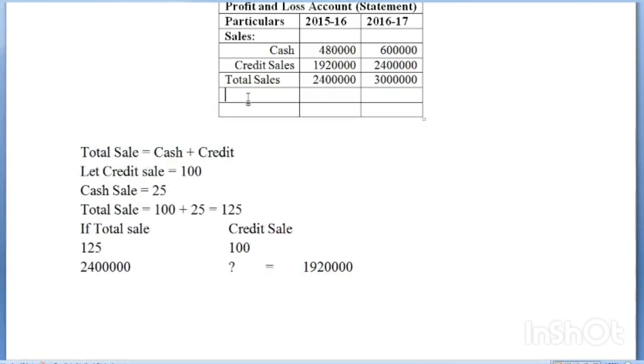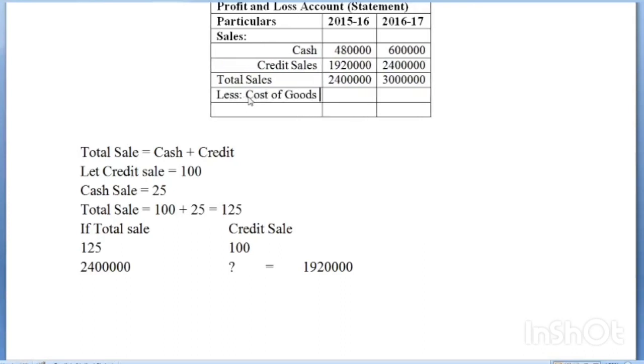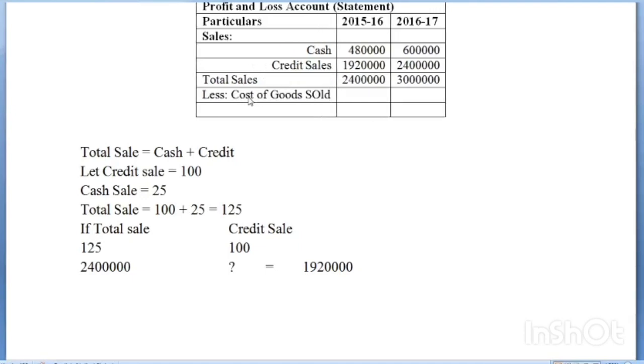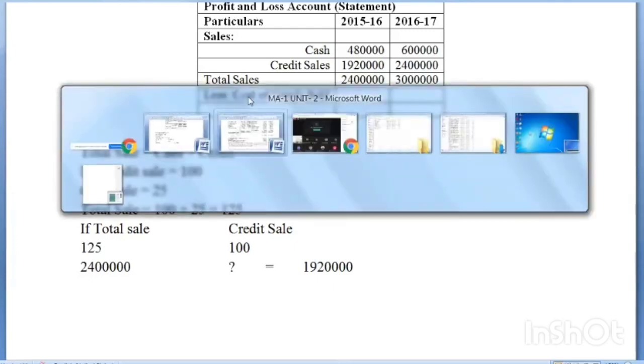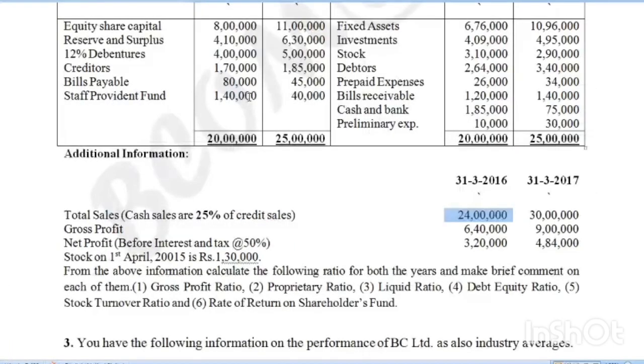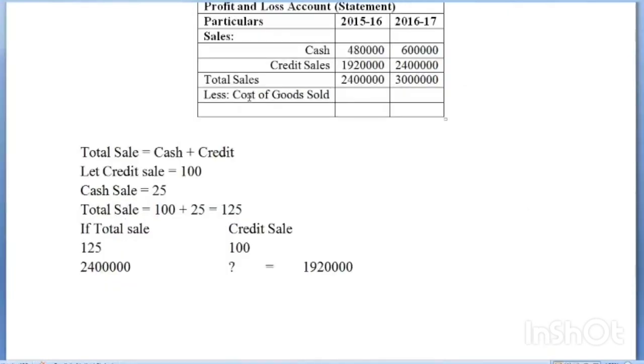Now, after that, less COGS, cost of goods sold. Cost of goods sold is not given in the example, but gross profit is given. So the next step is to subtract cost of goods sold, then next is gross profit. So what gross profit is given to us?